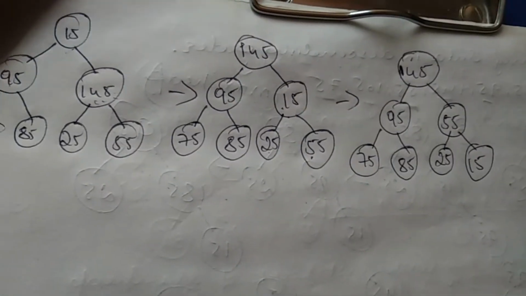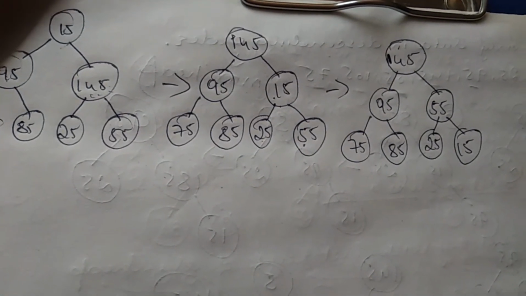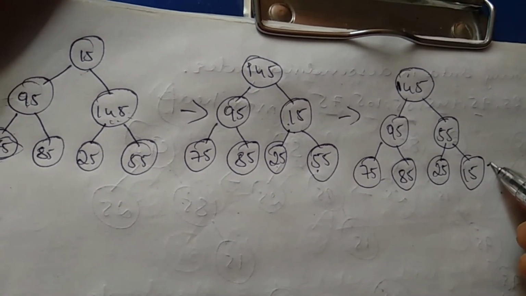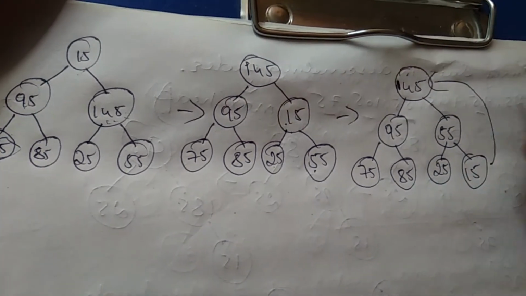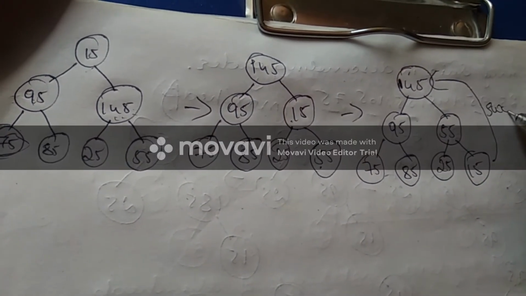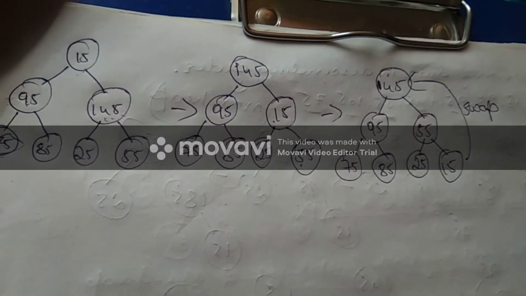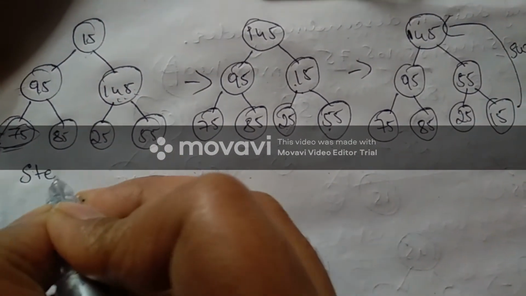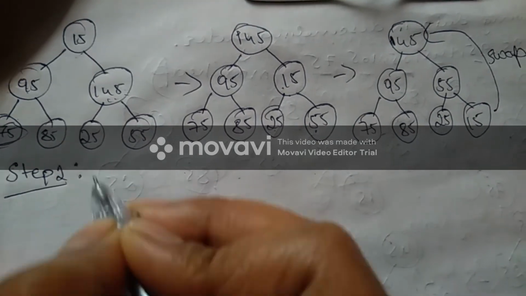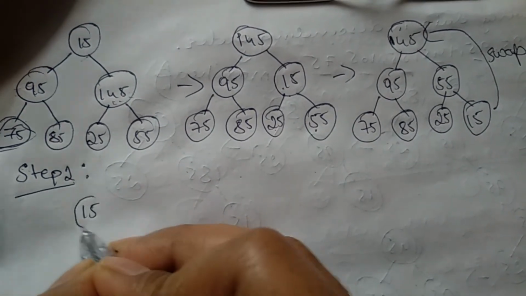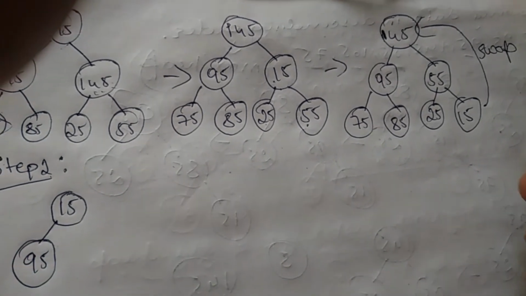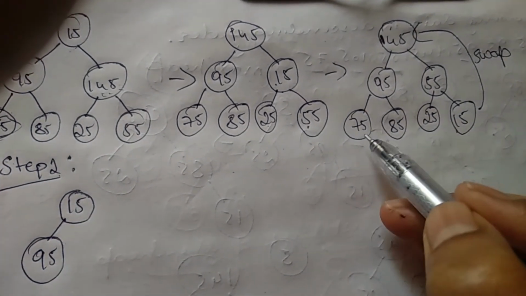Now again the maximum key deletion. What you have to do? You have to swap 15 and 145. Step 2. What you will do? I'll swap 15. As I have told you, you have to swap the last element in this level.